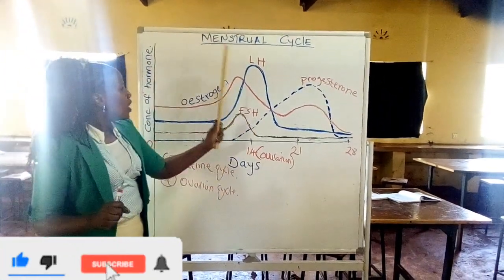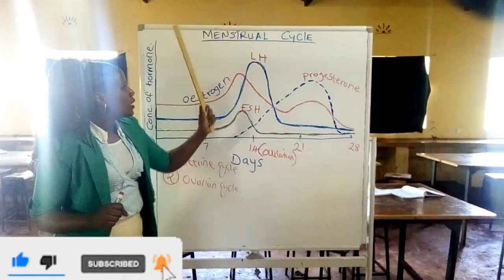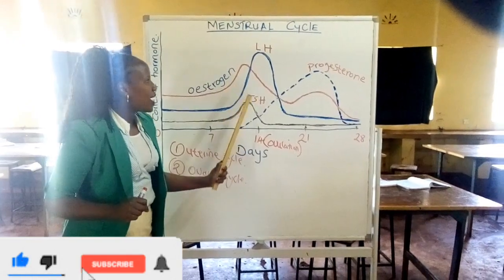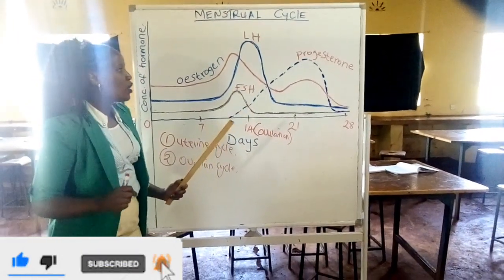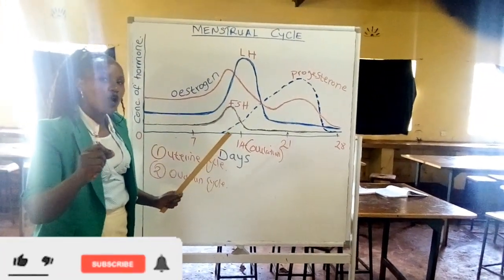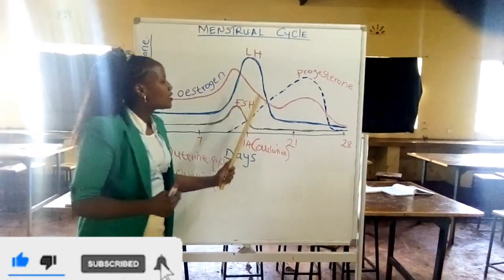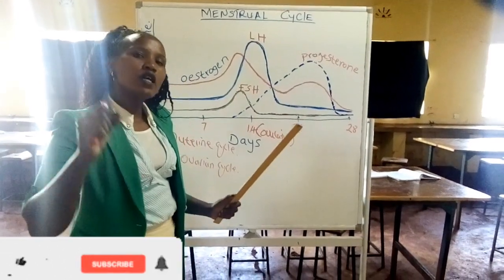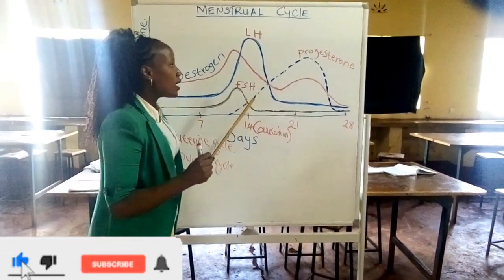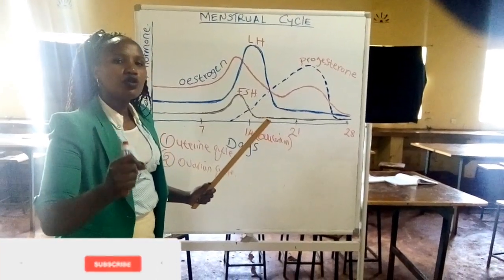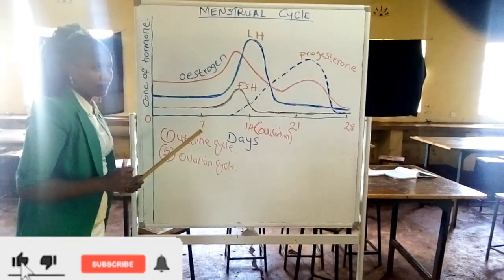So, when the luteinizing hormone brings about ovulation, then the remnants of the Graafian follicles will rearrange themselves to form something we call the corpus luteum. And this takes us to the stage we are calling the luteal phase.